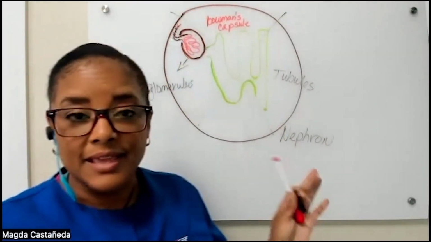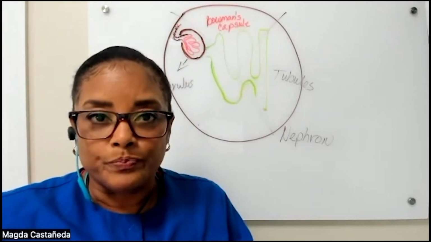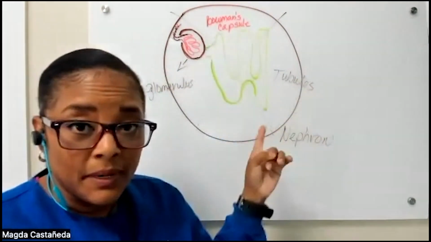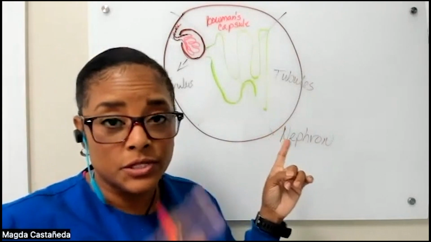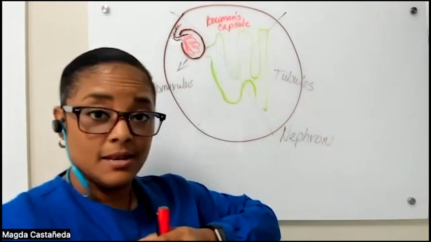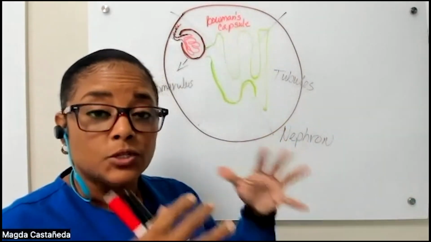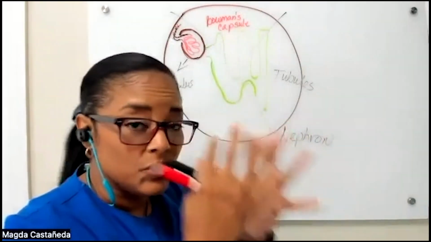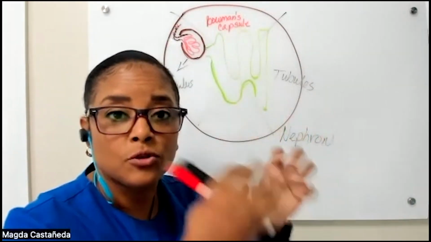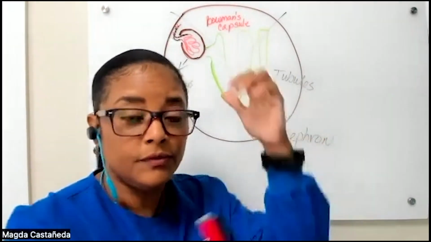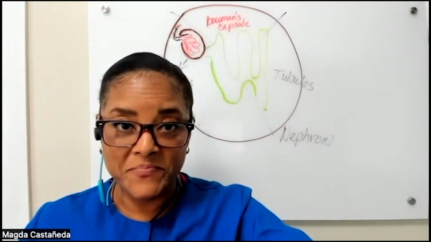We lost that nephron. So if this is happening, remember that it's not happening just in one cell. It happens in a lot of those cells. So the faster we lose nephrons, the faster the progression of kidney failure. Okay?